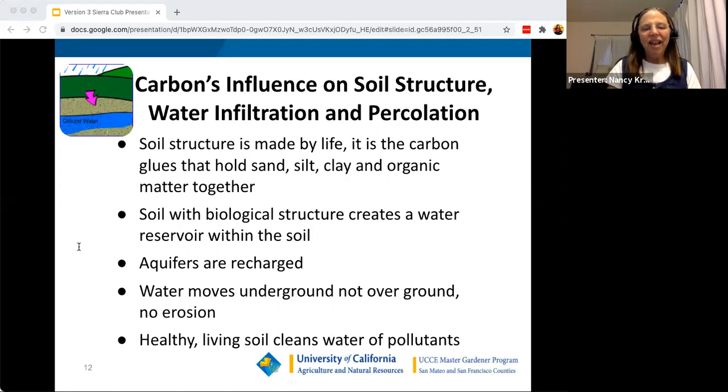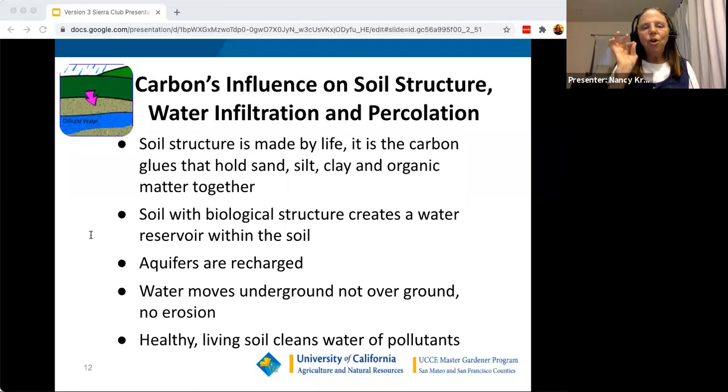Soil aggregates, and therefore soil structure, is mainly created by the carbon glues that come from plant root exudates, bacteria, and fungi. When water moves through well-structured soil, some is held in soil pores, as we saw in the previous diagram, or clings to clay particles or aggregates, and some recharges aquifers.